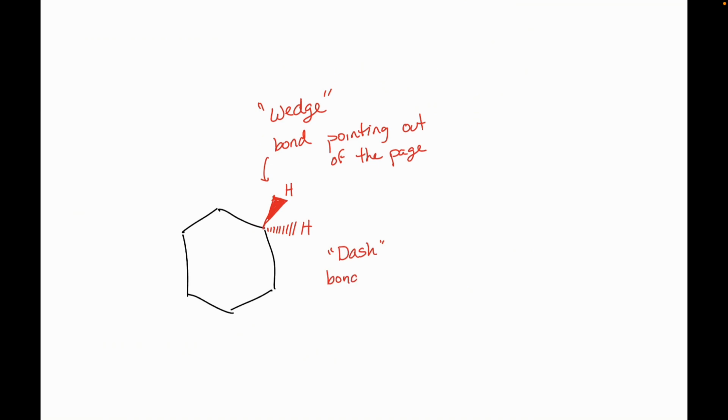And this is a bond that's pointing into the page. So we can just draw our bonds as straight lines, or we can draw them as dashes and wedges, and that just has this extra bit of information in terms of the exact orientation of where that bond is pointed.